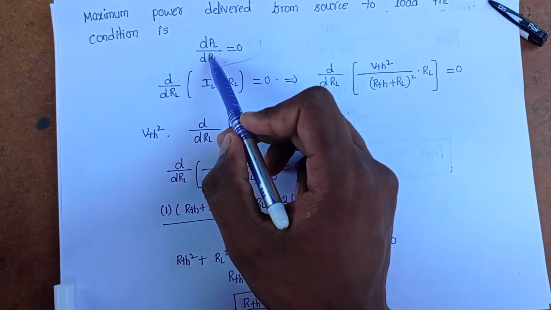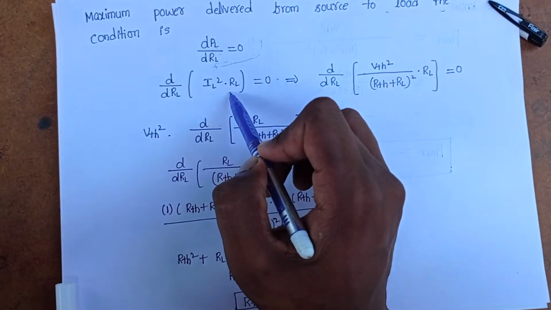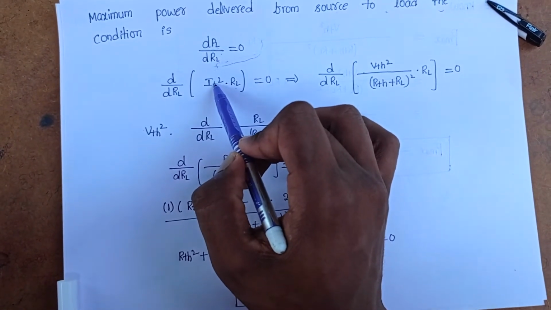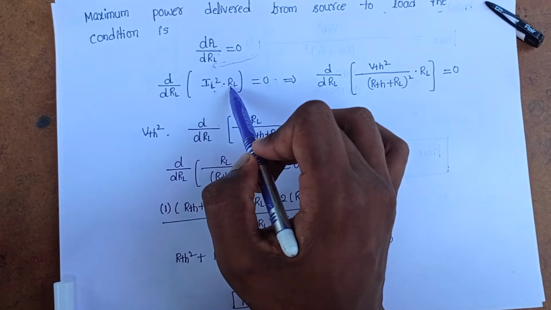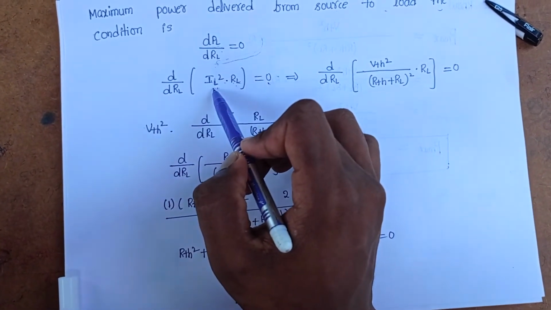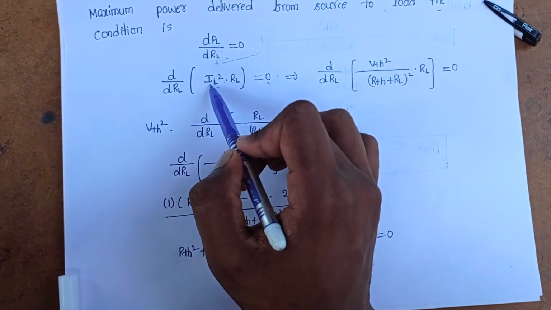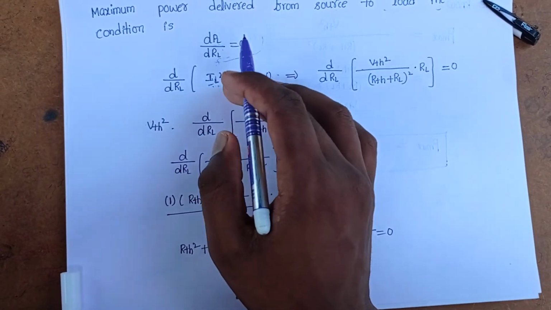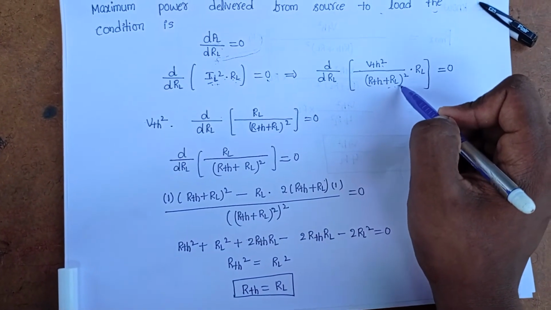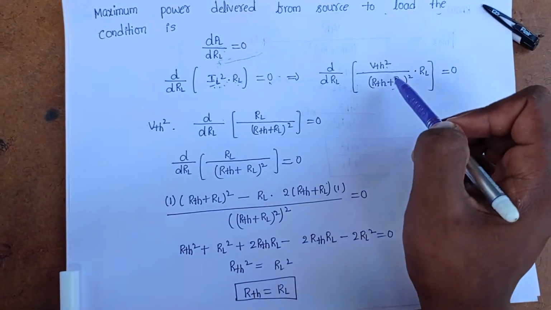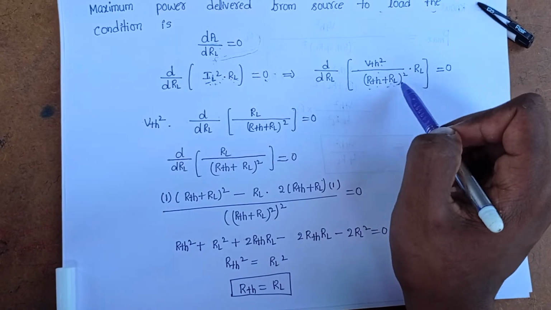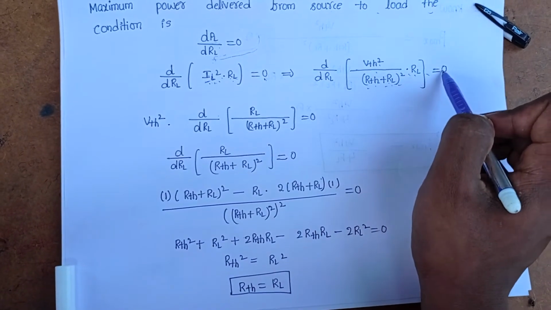Here power is nothing but I squared into R at the load. That's why we write d by dRL of IL squared into RL equal to 0. In the previous step we saw I is nothing but the voltage by resistance, that is VTH by RTH plus RL. Since there is a square, we square VTH and RTH plus RL, into RL, equal to 0.